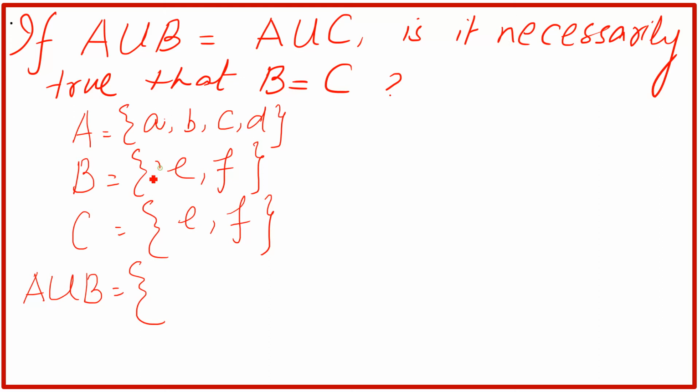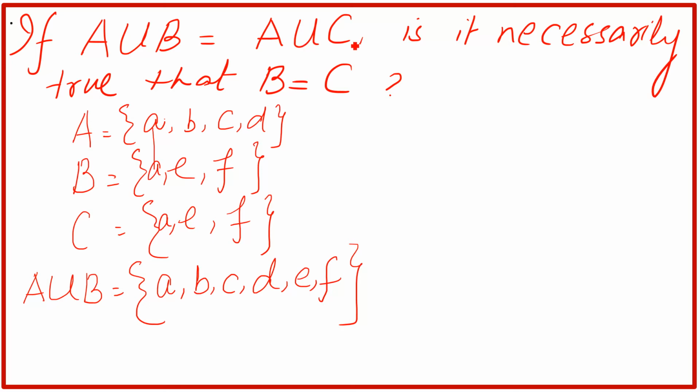I will write down here A. See, A is in A and this A is also in B, but we will write down only one time A. And then B, C, D. We are taking union, so A, B, C, D, and then E and F belong to B, but they are not in A. In union, if it is common, we write it one time, and all other members we have to write down. This is A union B.